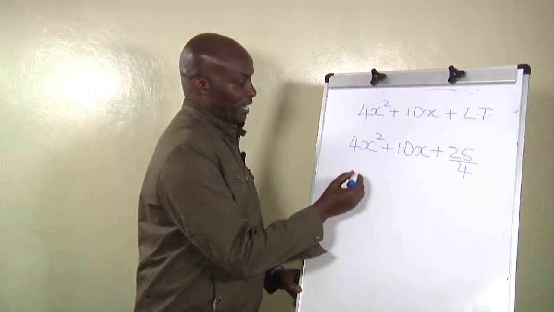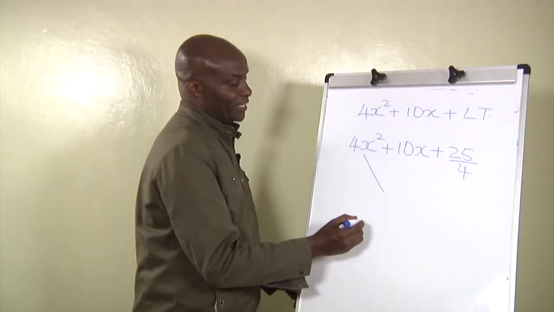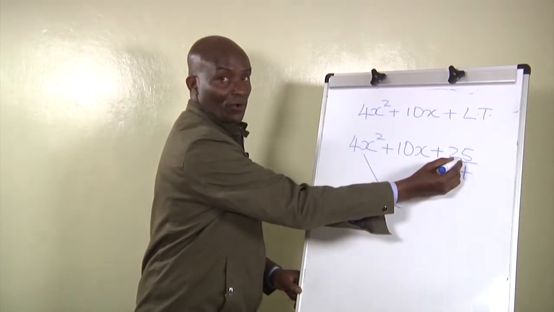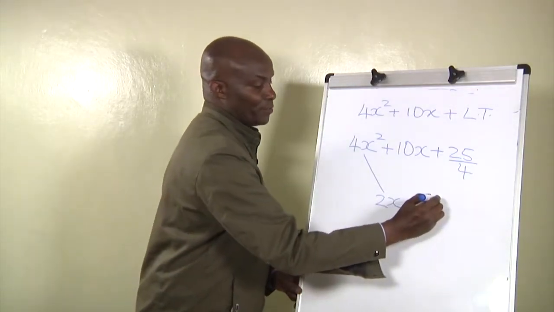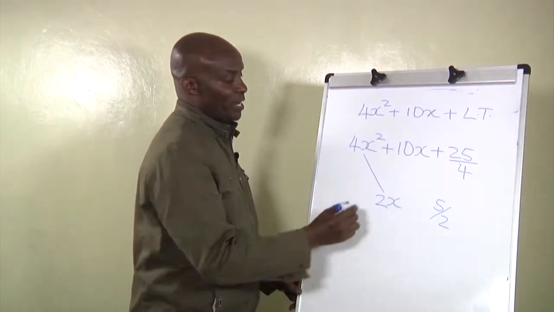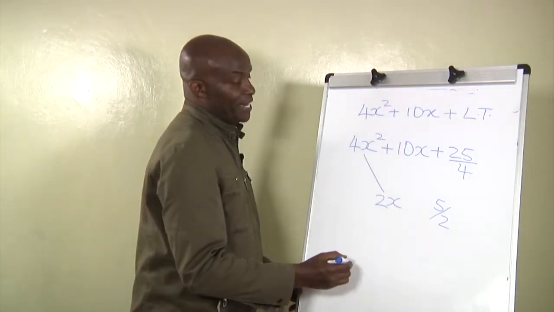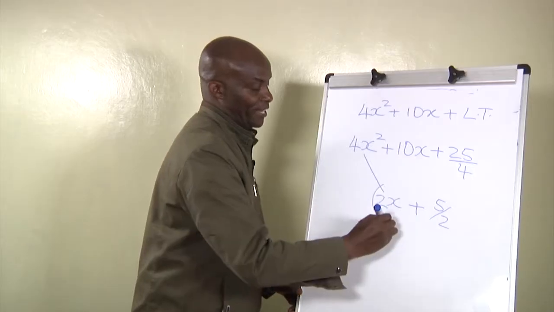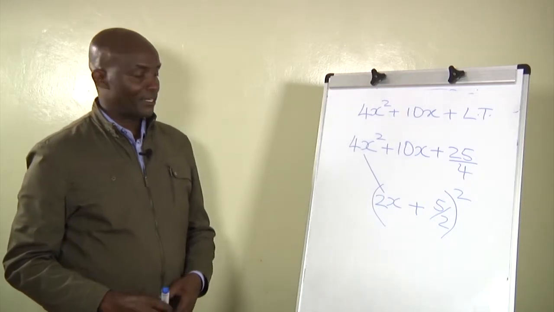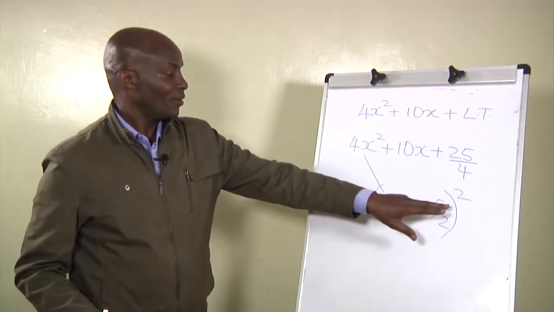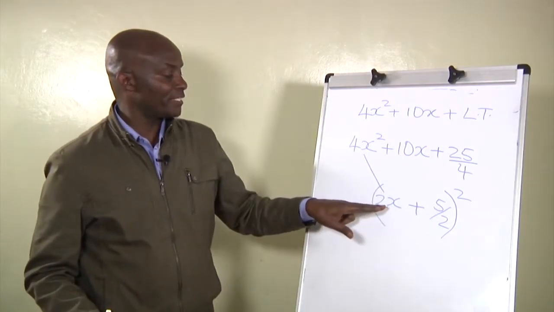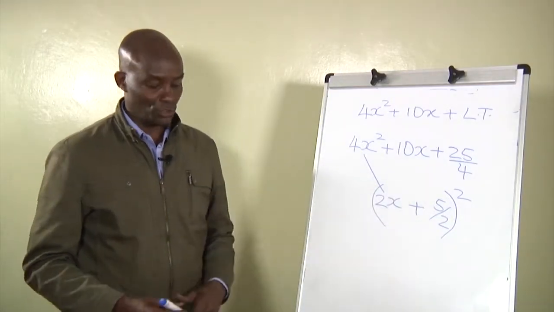The answer should be, get the square root of the first term, which is 2x, and the square root of 25 over 4, which is 5 over 2. The sign in between should be the sign in front of the linear term, which is plus, and then the whole of that squared. Did you get it? So now this is what we are talking about. This expression is a perfect square because it can be written as 2x plus 5 over 2 whole squared.